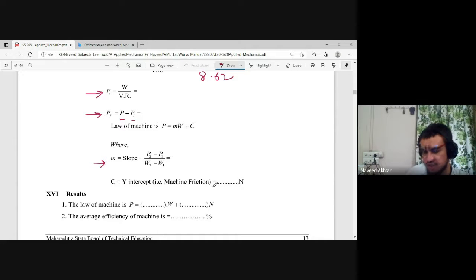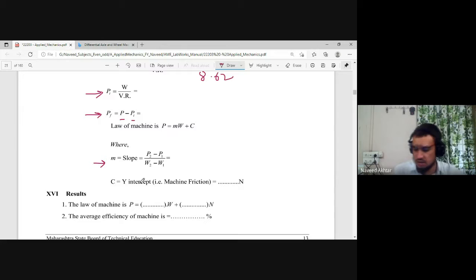Then the law of machine is P is equal to m W plus C. All these values you can find out from your calculation. So likewise, you have to do experiment number 2, and all the values you should write down carefully. Okay?